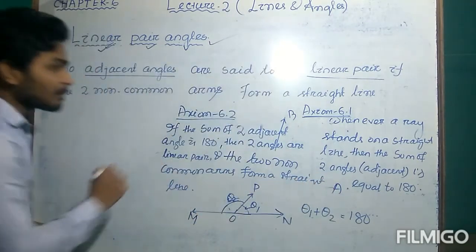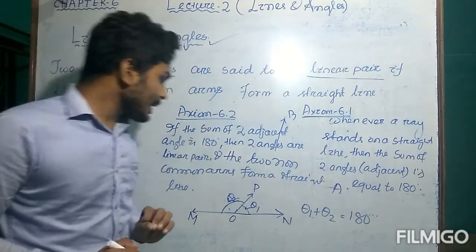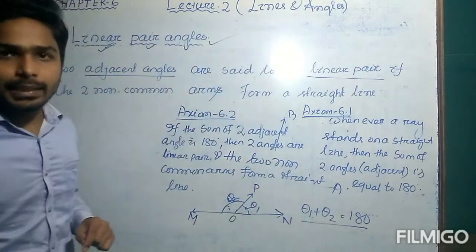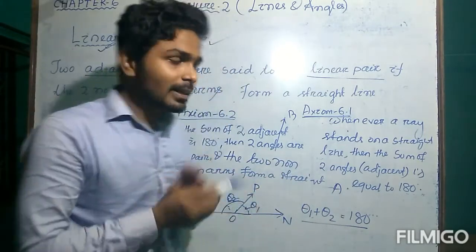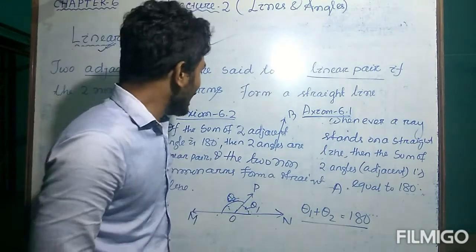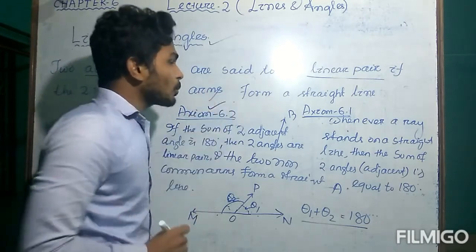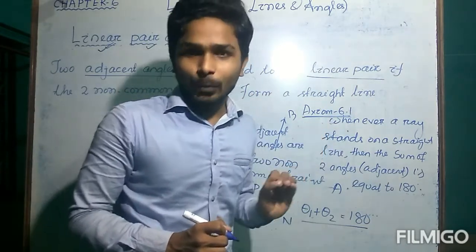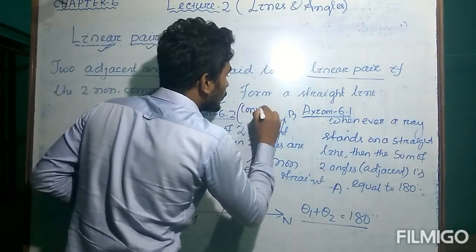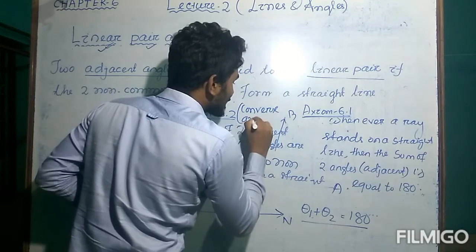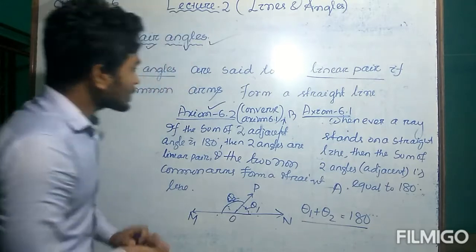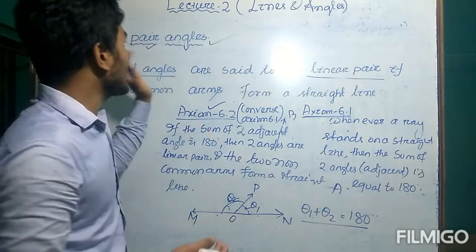Okay, so this is axiom number 6.2. It tells you that if the sum of two adjacent angles is equal to 180 degrees, then the two angles are linear pair angles and the two non-common arms form a straight line. So axiom 6.2 is just the opposite of axiom 6.1. That is why axiom 6.2 is known as the converse of axiom 6.1. Converse means just opposite.